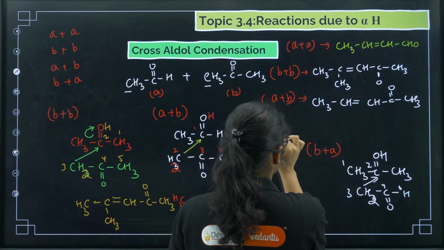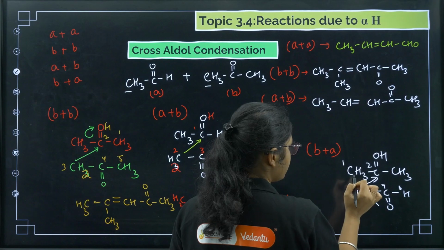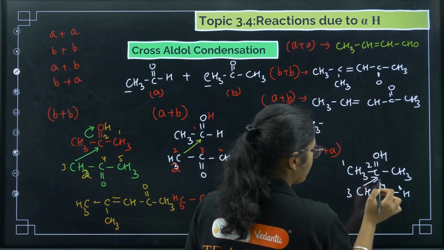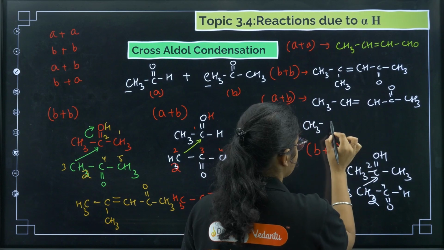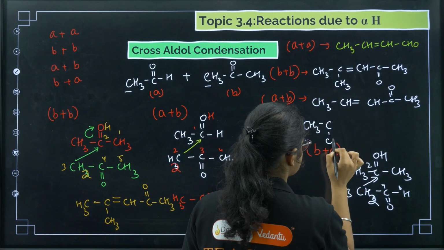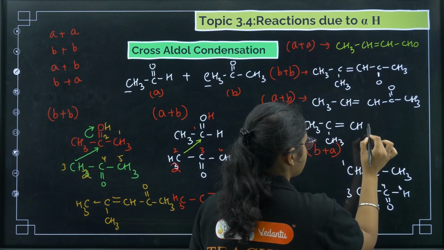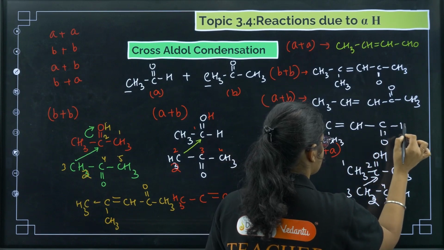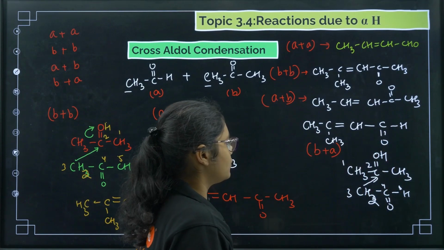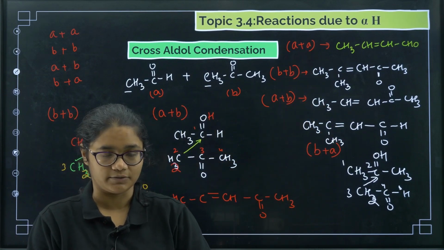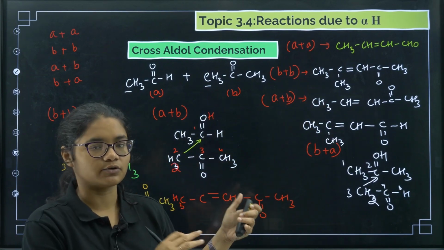So let us write the B plus A product. First CH3, then one CH3 to this carbon, then a double bond, then CH, and next COH. So these are the different products you can find by cross aldol condensation. Using the trick you can easily solve this question.